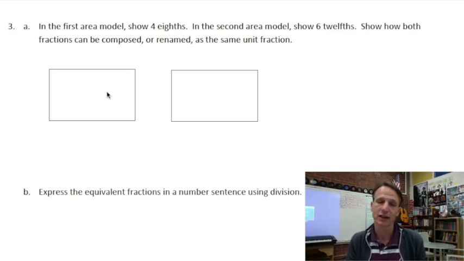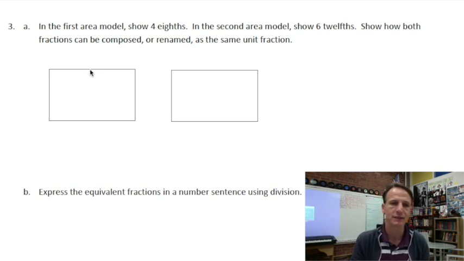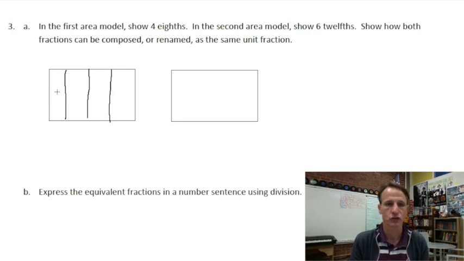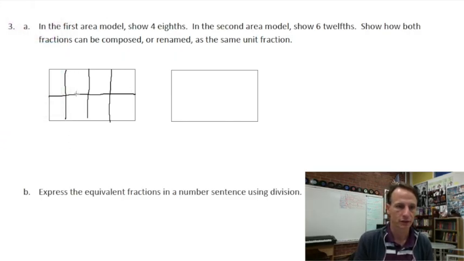Now, I'm glad I'm here to help you because there's an easier and a more difficult way to do this. So with 4/8, the best way to do this, watch here, is to draw the eighths like this. All right, and let me go ahead as I've done in the past, and I'm going to shade in 4/8.